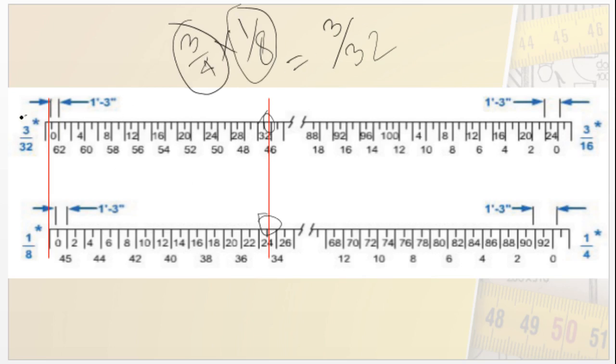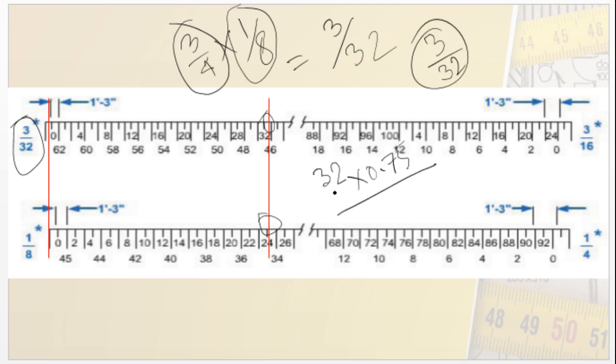If we focus on 3 by 32 scale, it gives 32 measurement, and 75% of this 32 will be equal to 24, which is this one.